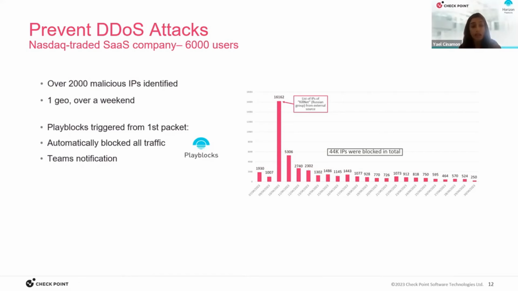And actually, once they attacked once, all the communication stopped indefinitely for those IPs. So in terms of the attack specifically, a DDoS could not have been performed because Playblocks took action and got involved. And you can see how that happened across the entire weekend and through all this time.